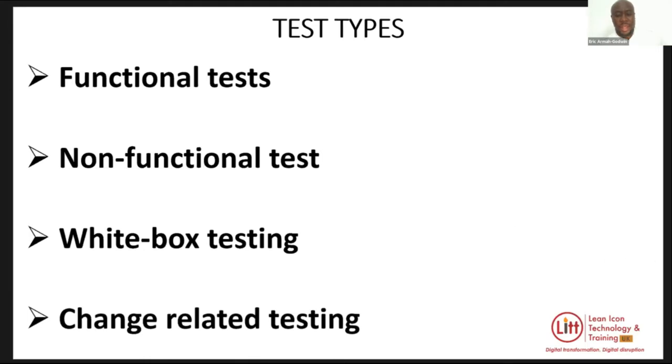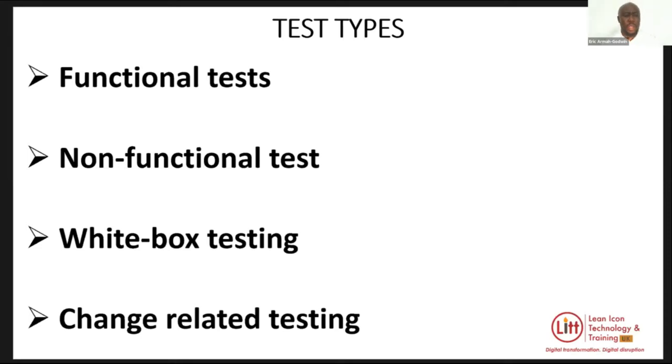And then probably our last one will be change-related testing. So this is when changes are made to a system, either to correct a defect or because of new or changing functionality. Easily, anyone can think of regression as an example, and then confirmation testing.